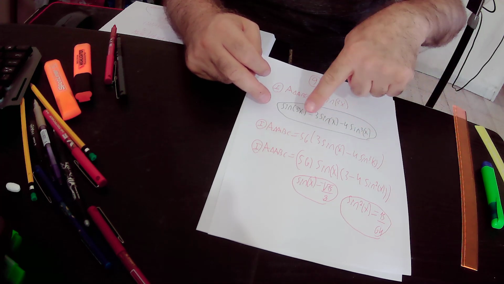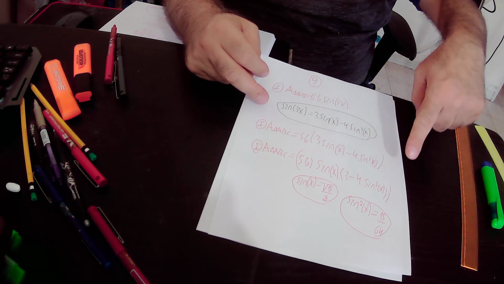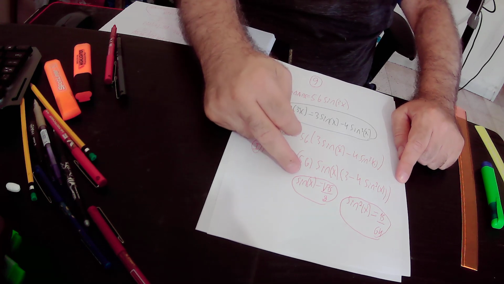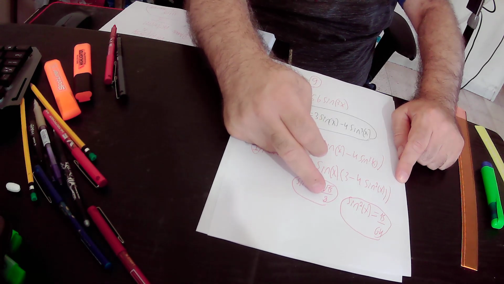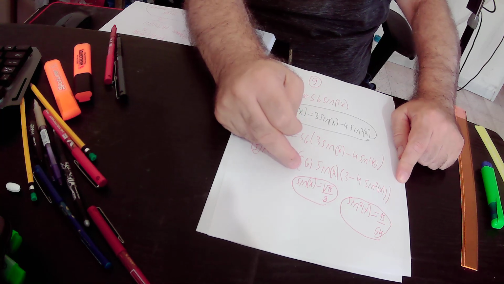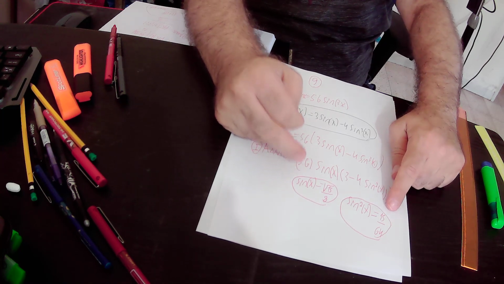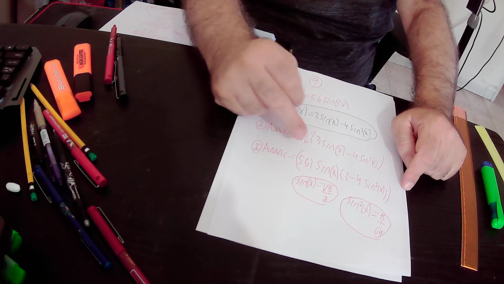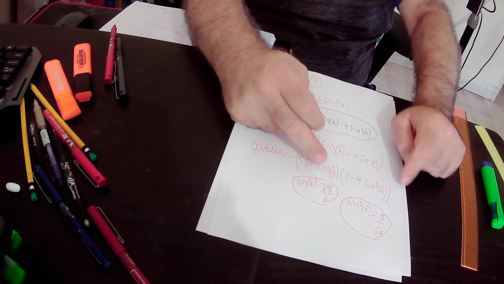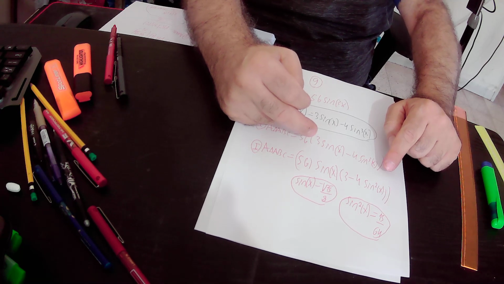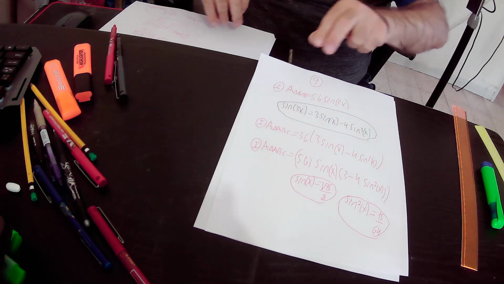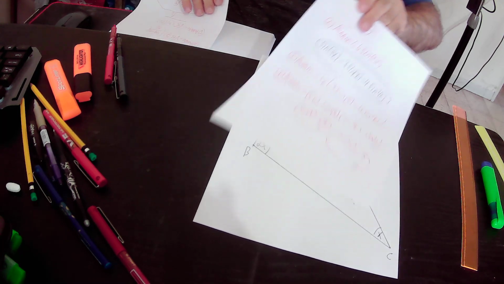We know that sin x equals root 15 over 8, so if we square sin x, we get sin square x. The only thing left is to substitute sin x by root 15 over 8 and sin square x by 15 over 64, and we will get the area of triangle ABC.